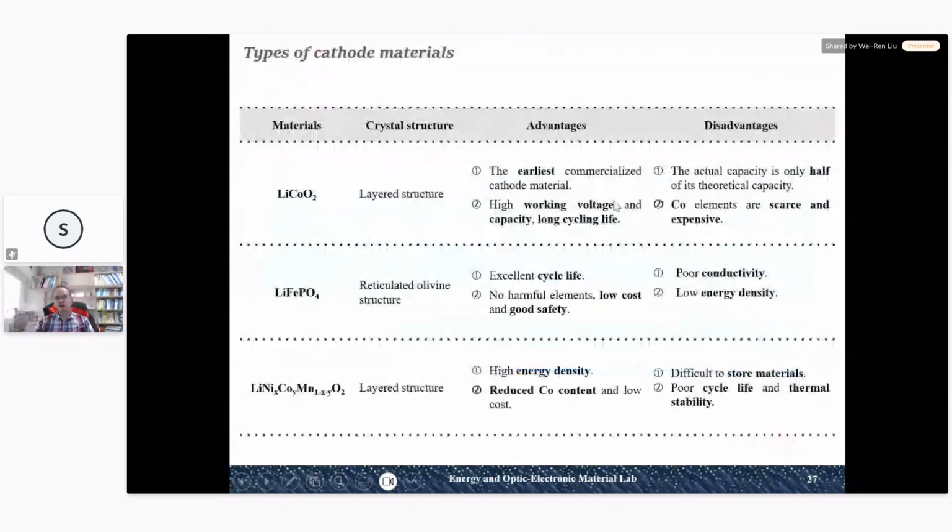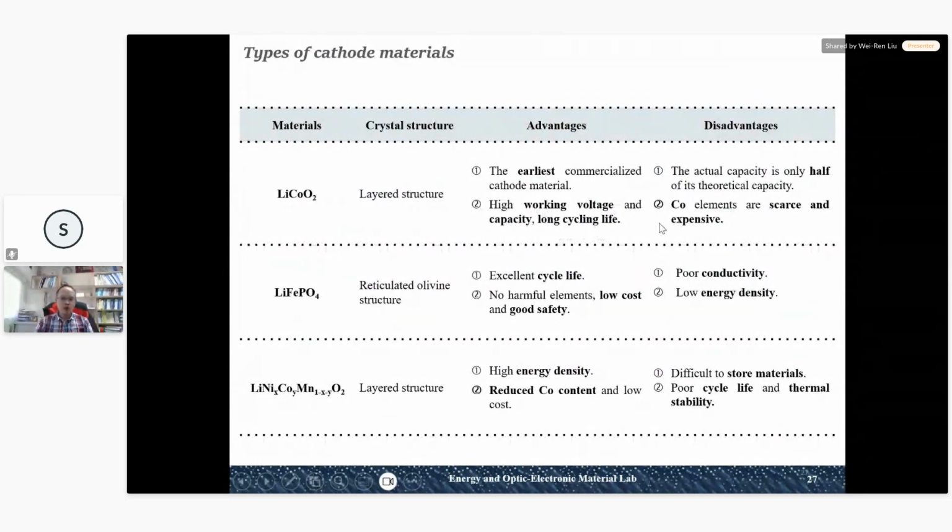For the cathode, in the beginning Sony announced lithium cobalt oxide as a cathode. Lithium cobalt oxide has a layered structure, a very high working voltage and long cycle life.